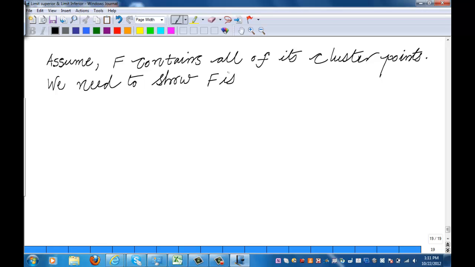Any ideas? What do I have to show that F is closed?